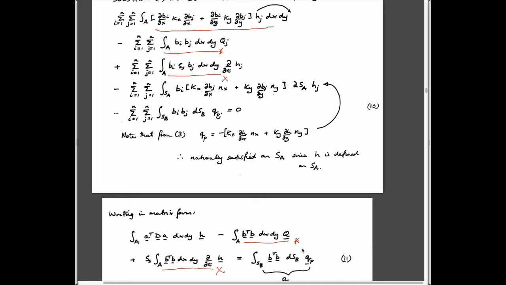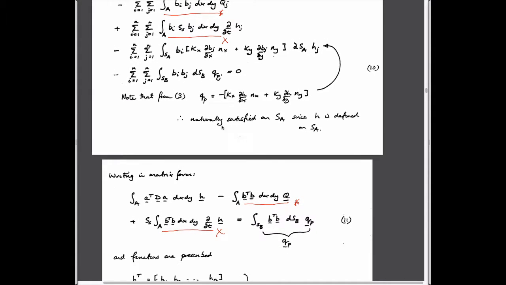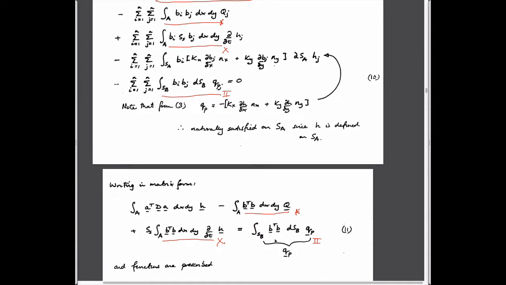And what else are we left with? This flux term on SB is this term. Running out of symbols to do it. And what else do we have here?